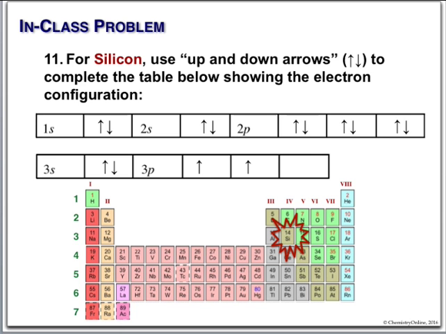And as we put these in, remember they go in 1 at a time, same spin. Once you get 3 in, then they start to pair up with opposite spins. Any questions?